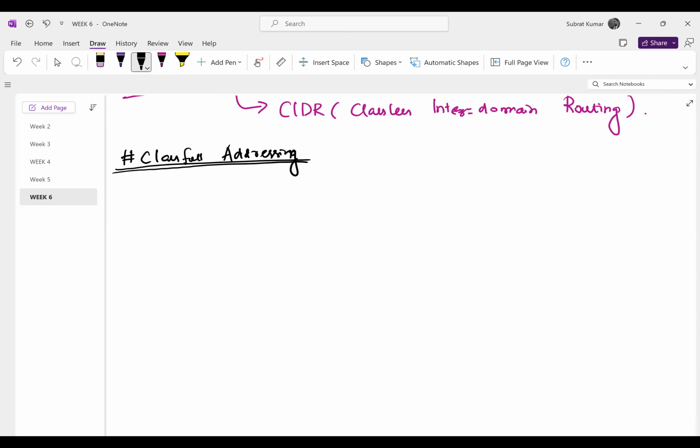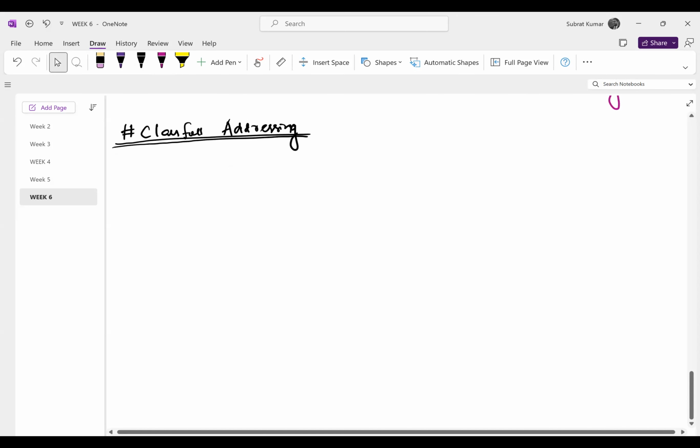We fix some number of bits for network addresses and some bits for the host addresses. We use the first few bits to identify the class, and then we specify which class is used for which one.